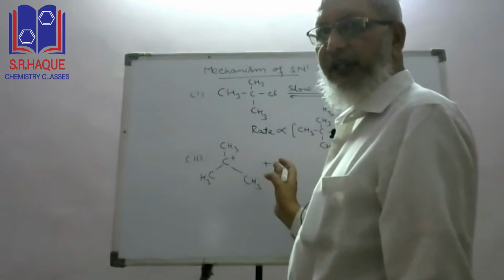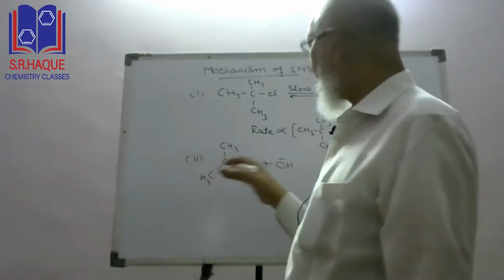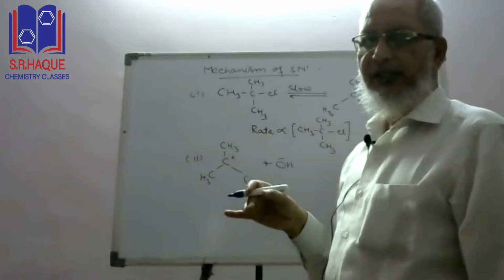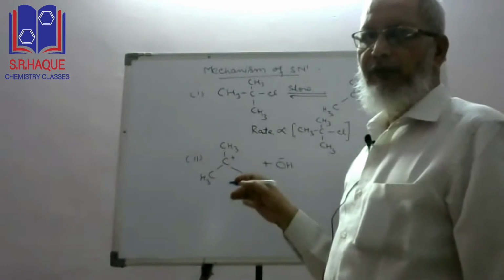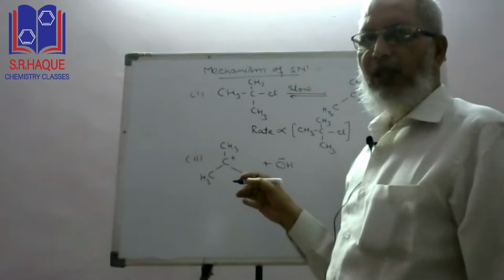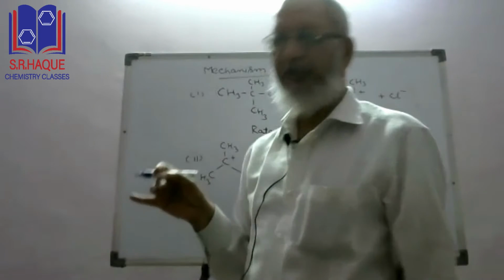If attack from one side forms the dextro product, then attack from the other side forms the laevo product. Since the chances of attack are equal from both sides, there will be formation of an equimolar mixture of dextro and laevo forms, which is called a racemic mixture.